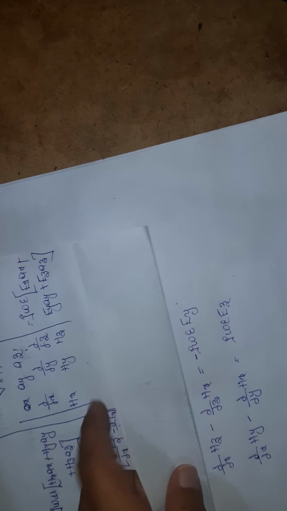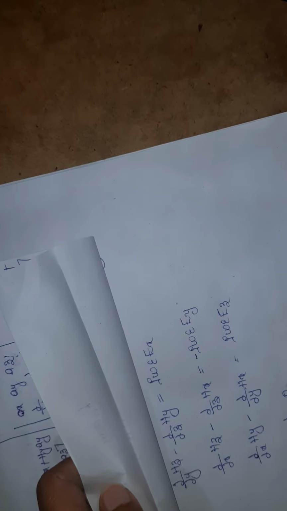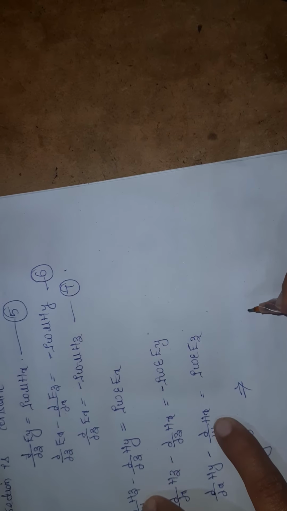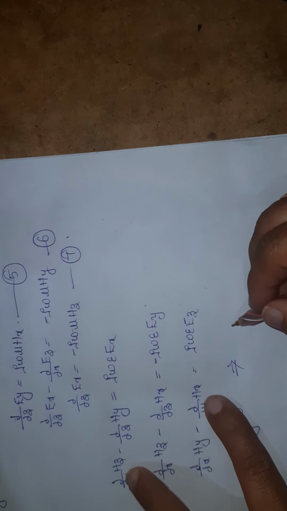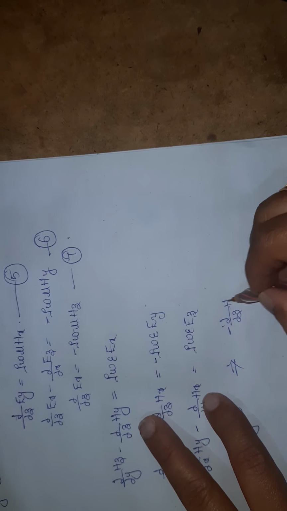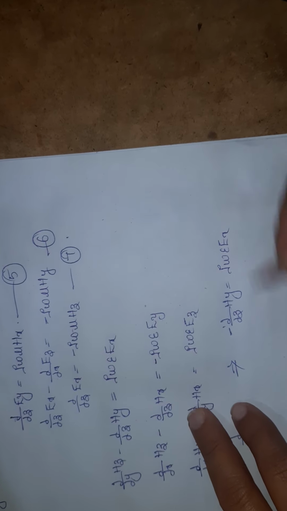Now apply dou by dou y equal to 0 in the above three equations. These two terms will be 0, so I will get minus dou by dou z Hy is equal to j omega epsilon Ex.